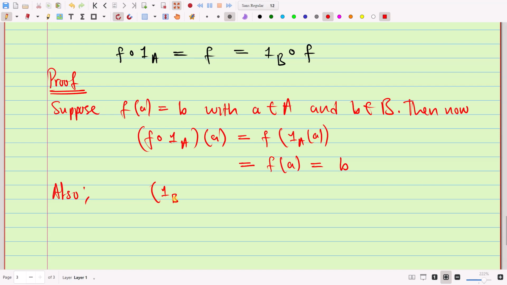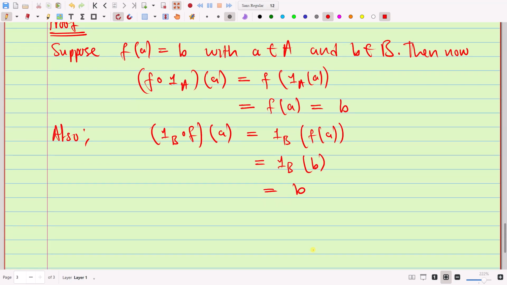Also, again, you can apply the same technique. So if you say 1B composed with f with the argument a, what do you get? You get 1B of f of a, like that. But f of a by definition is b, so we get 1B of b, but the identity always returns the same element.